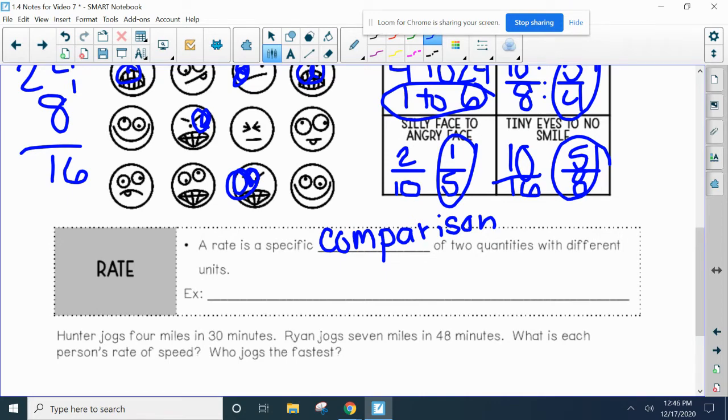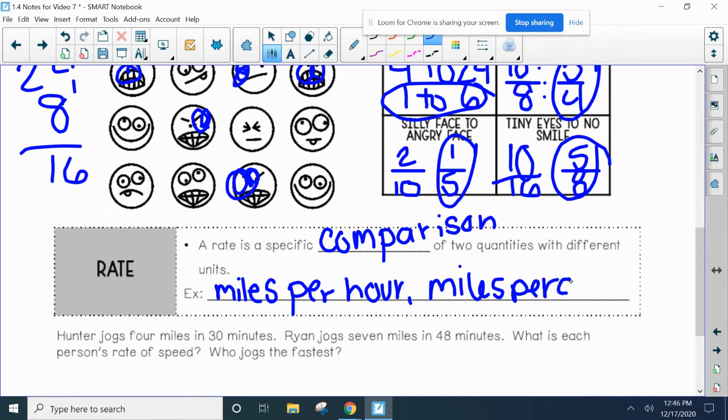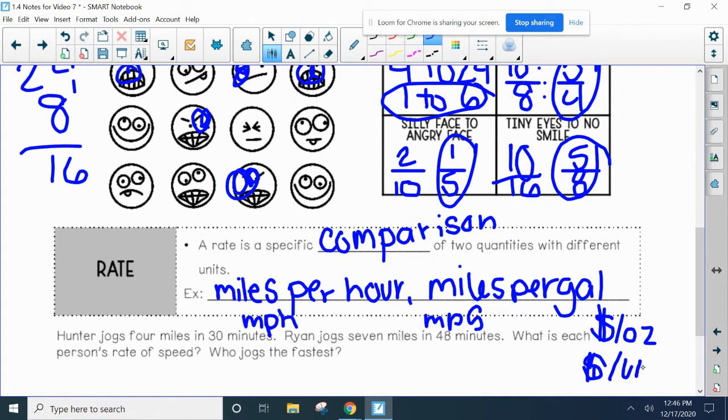So for example, miles per hour, miles per gallon, so mph, mpg, dollars per ounce, that dash means per, dollars per unit, dollars per sweater, etc., etc.